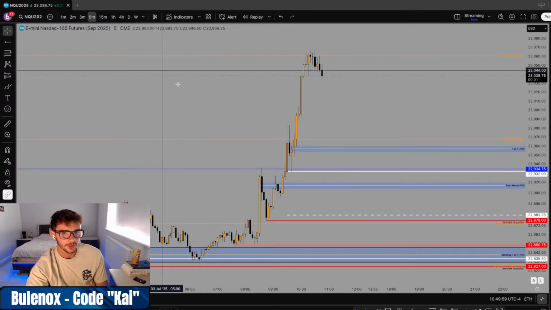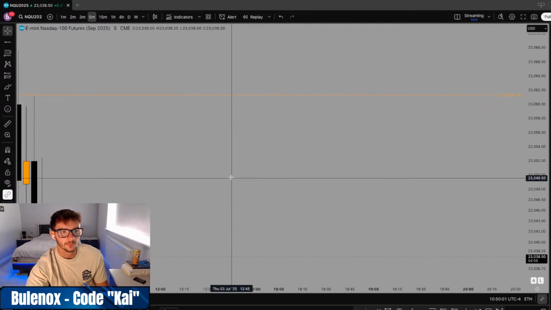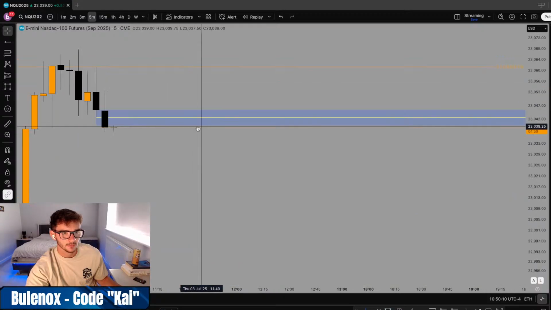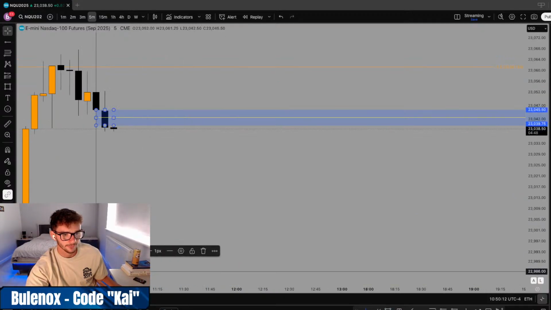There's your 5-minute market structure shift. If it forms the fair value gap, it would have to be there. There is a small volume imbalance, if that forms.